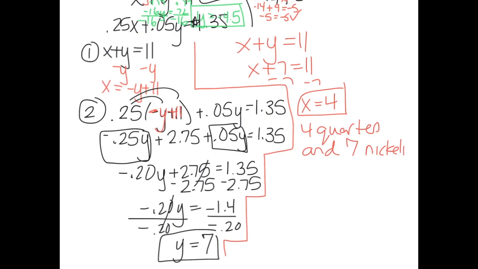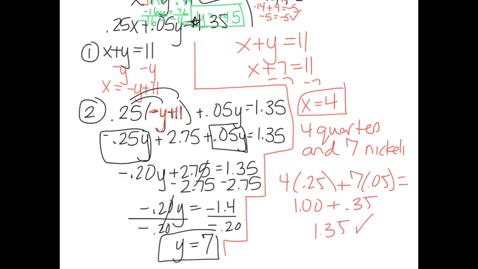Let's make sure that adds up. 4 quarters, 4 times 25 cents plus 7 nickels. That's $1 plus 35 cents, $1.35. It checks out.